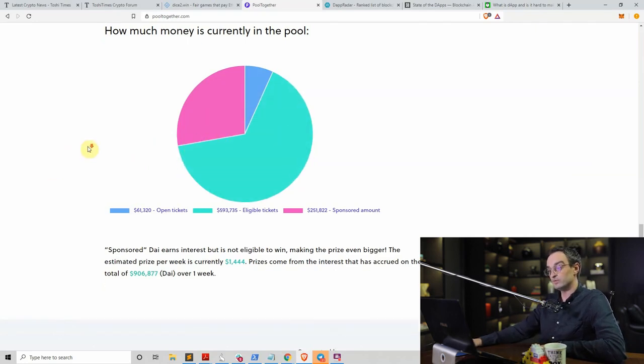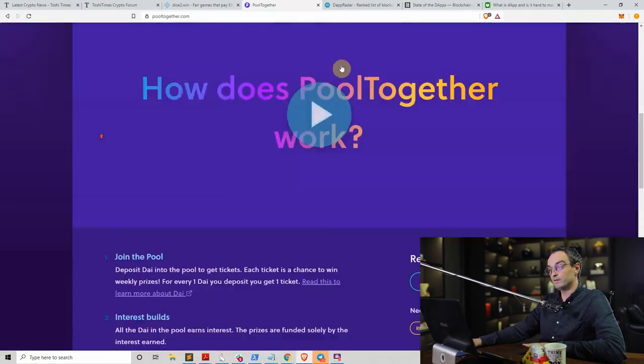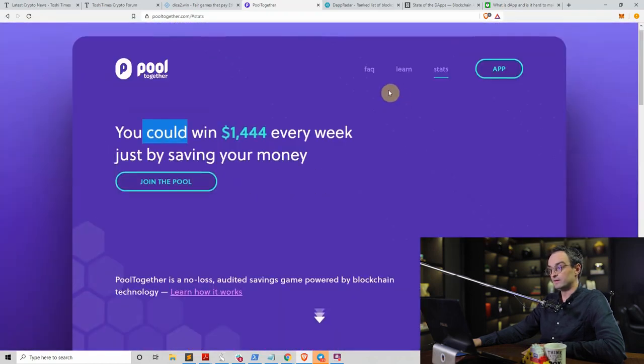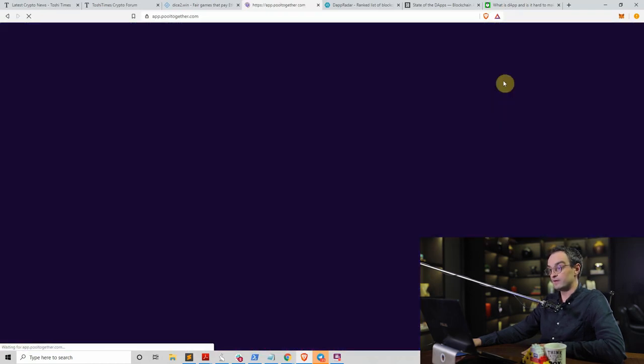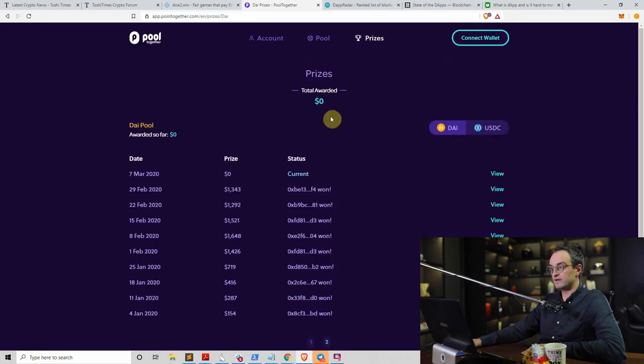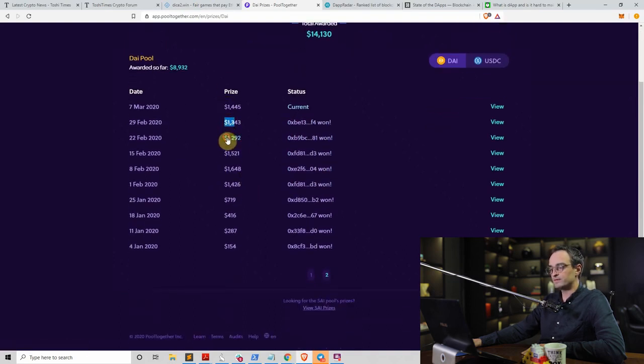When the DAI is put in the pool, and at the end of the cycle, we can see here, let's say we start the app, and we can go to prizes and we can see here, right? So what's happening right here? We can see that there are different prizes that we're giving out to different addresses.